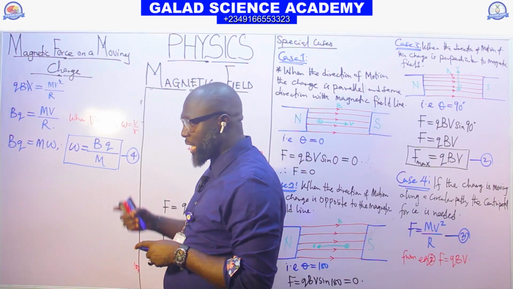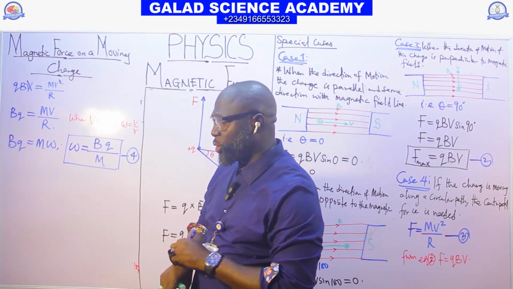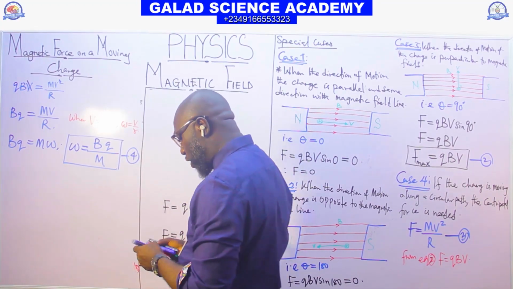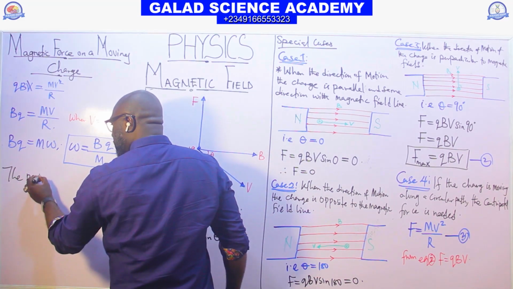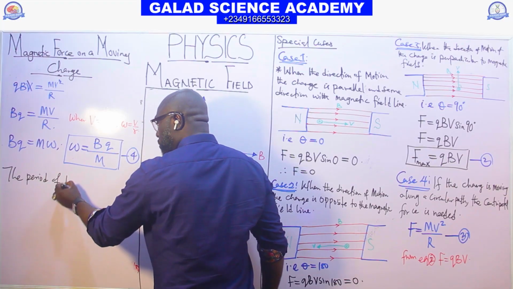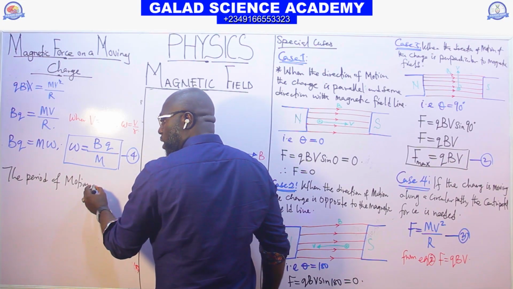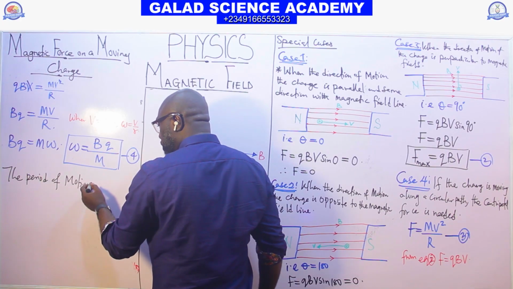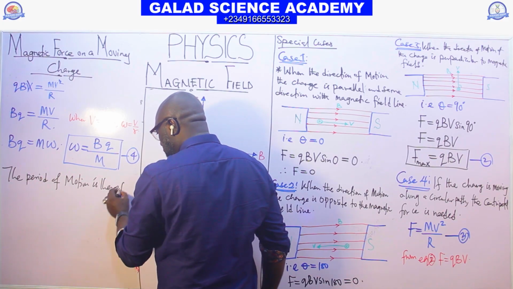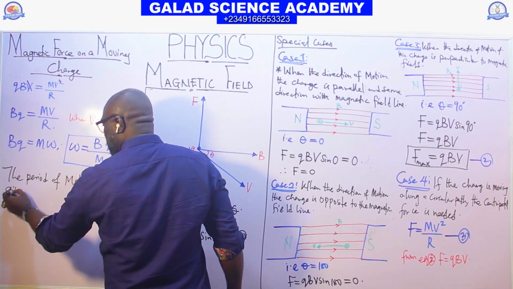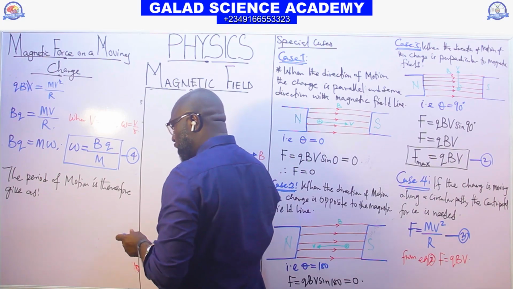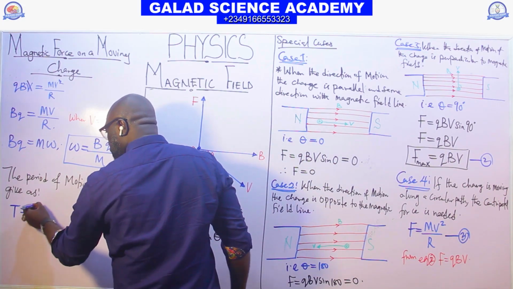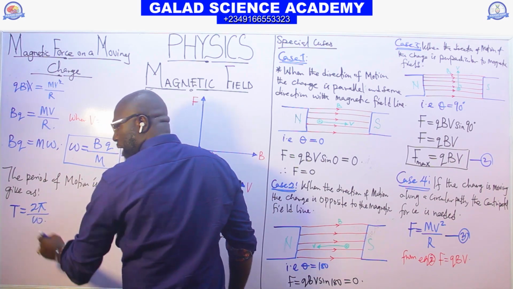And yes, you may be asked to find the period of motion of the charge along the circular path. So can I say the period of motion is therefore given as, from the SHM, we all know that period is 2 pi over omega.